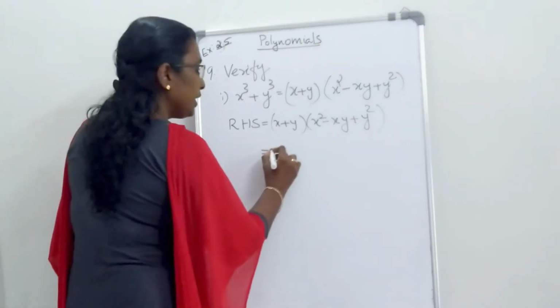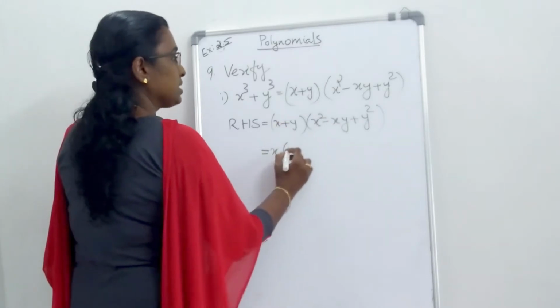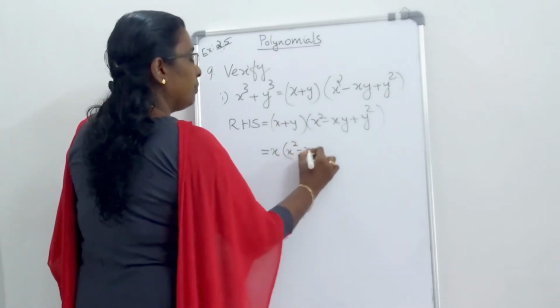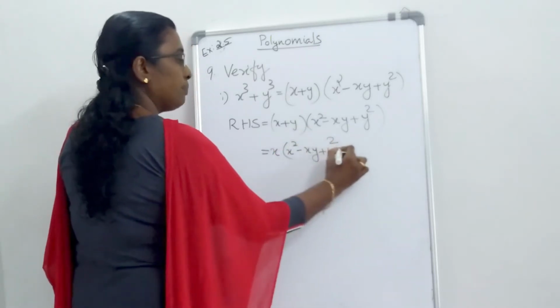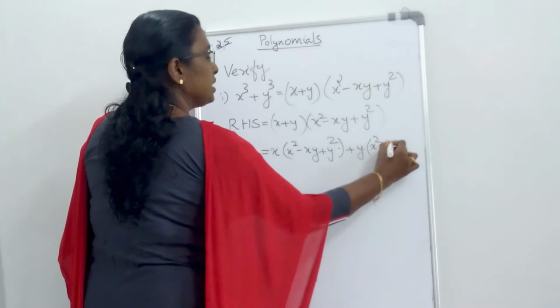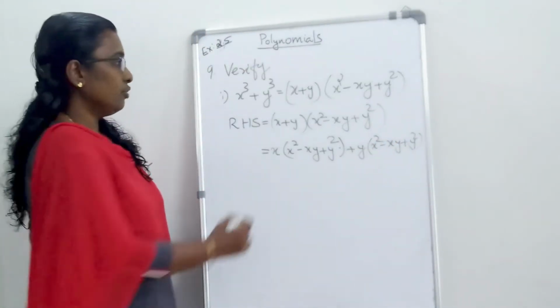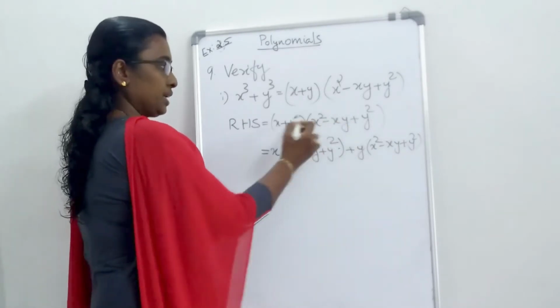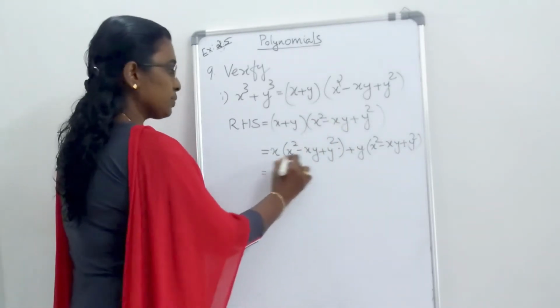So x into x square minus xy plus y square, then plus y into x square minus xy plus y square. First multiply x with this factor, then y with this factor. Then again expand this one.